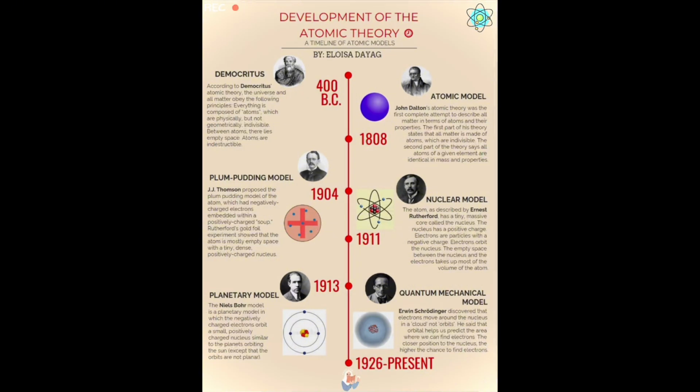And from 1926 to our current present time, we discovered that electrons move around the nucleus in a cloud and not orbits. This was a very controversial topic because it collided with Niels Bohr's planetary model, which we are still following up to date.